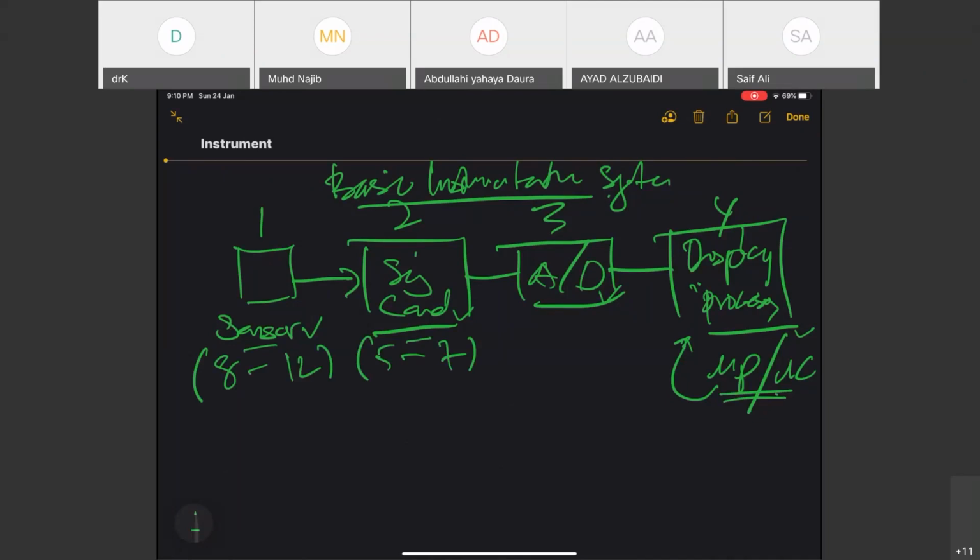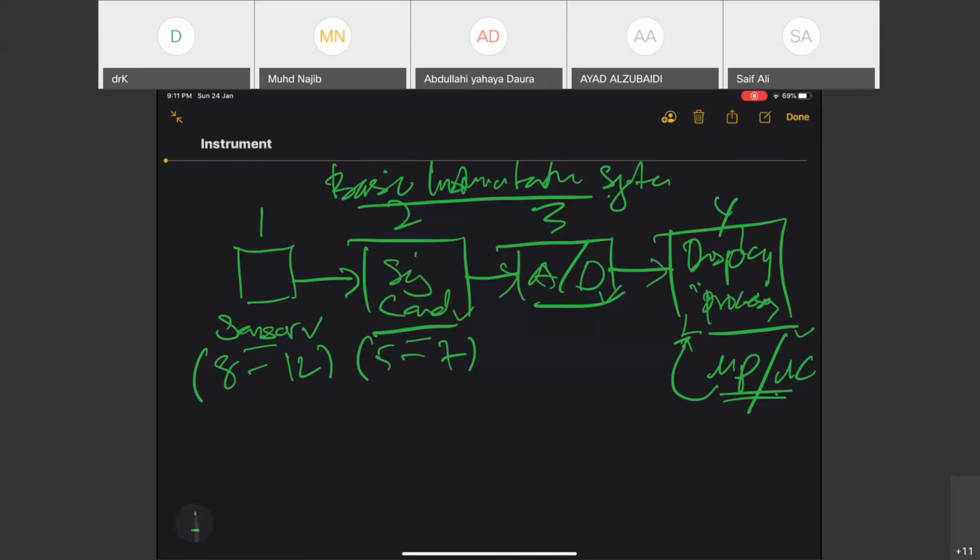So this is, I would say, the position of the knowledge that you may have covered in the previous topics. For any basic system of instrumentation, these are the blocks. So last week we looked at the end part, which is the display and processing part behind this last box number 4.